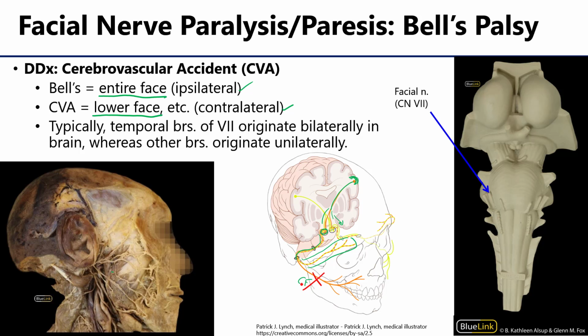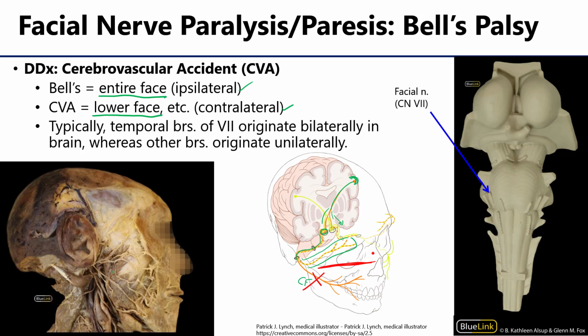So with a stroke on the left side, the facial muscles of the lower face on the right will be knocked out, but the facial muscles on the upper side of the right won't be as affected. So if an individual is asked to smile, there's going to be a difference with a cerebrovascular accident between the lower face and the upper face.